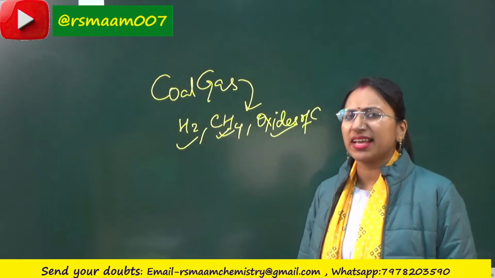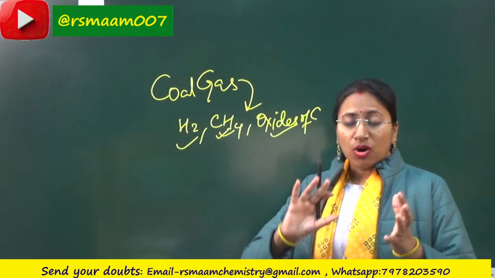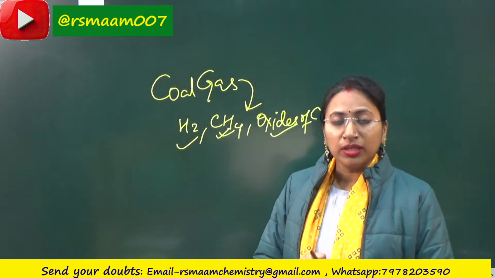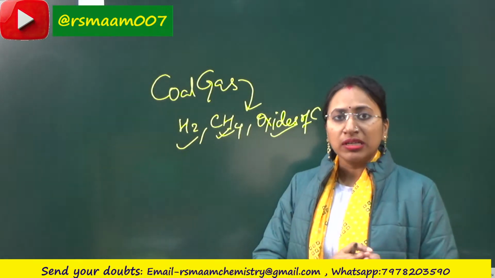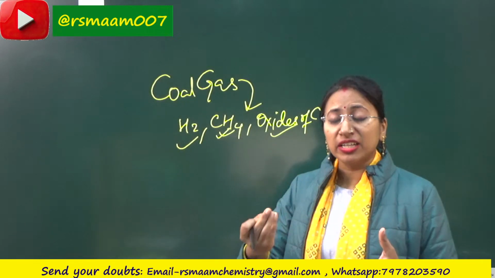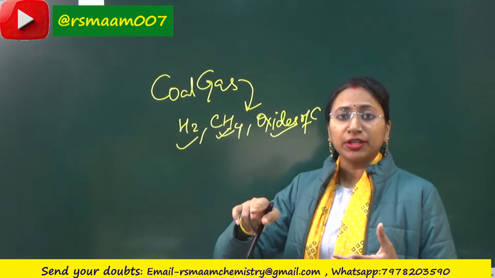Carbon monoxide is there. CO2 is generated where oxygen is provided in sufficient amount. Here you are heating coal in the absence of air, so it will not get enough oxygen supply to be converted into CO2.